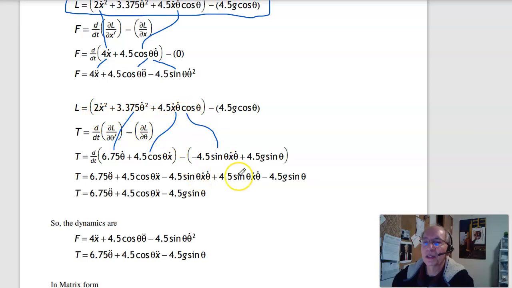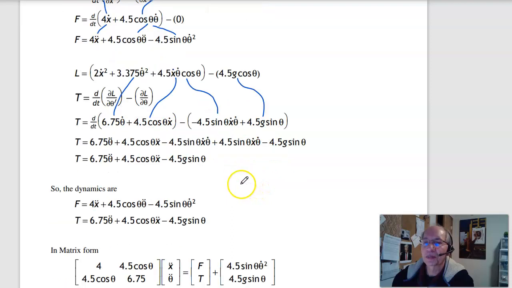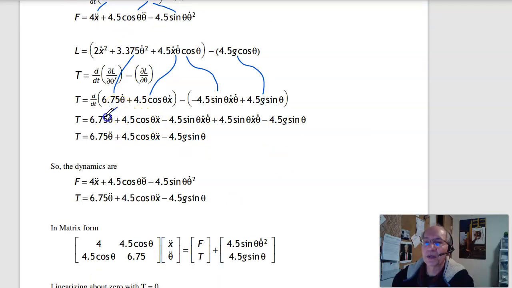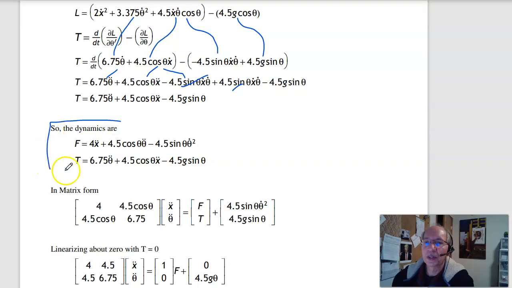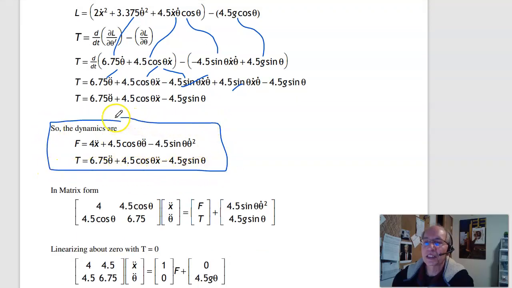And derivative of cosine is minus sine theta. Now take the full derivative. Gives you theta double prime. Derivative of the second term, x double prime. Derivative of the first term. Simplify. These terms cancel. So there's the torque. So here's your dynamics. That's the dynamics for a ball and beam system.